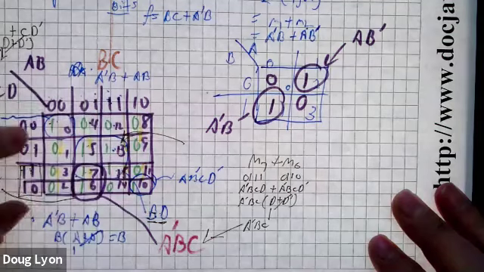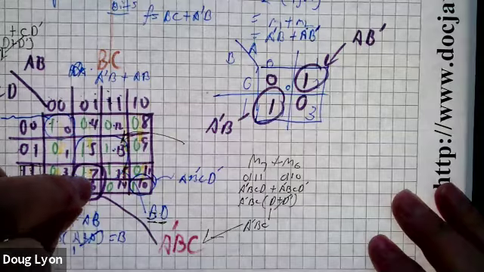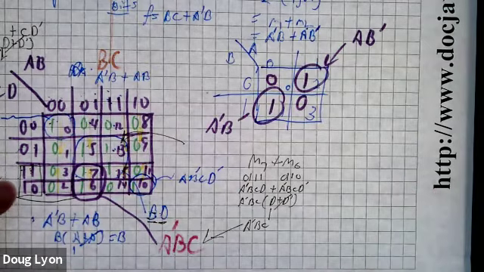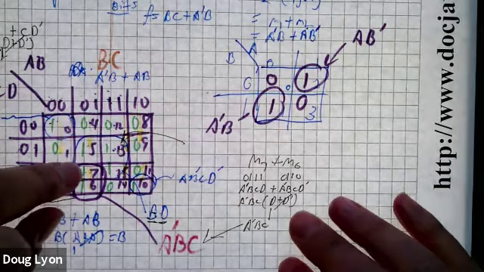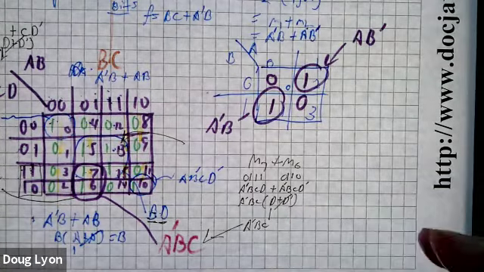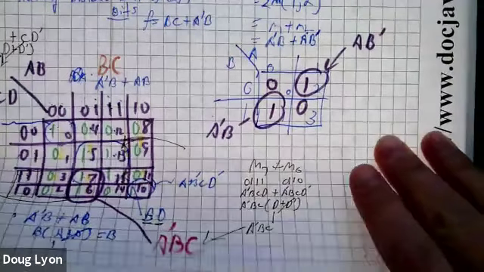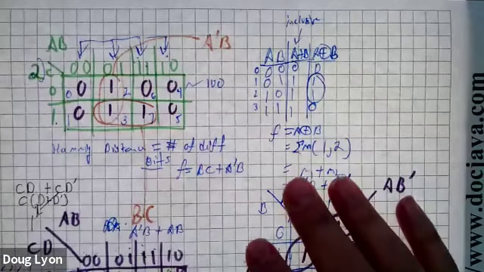We're not looping zeros. If we were to loop the zeros, we would find a minimal sum of products for F prime. But what we're trying to do is find a minimal sum of products for F, not F prime. What that tells me is we're looping the ones. Okay, thank you. Let's do one with 3 variables right up in here.